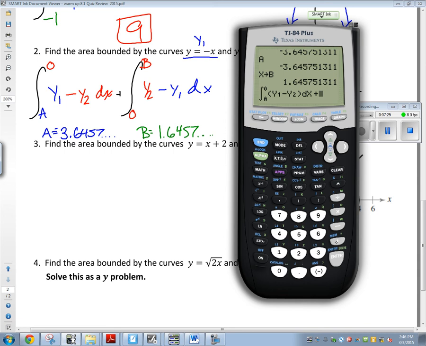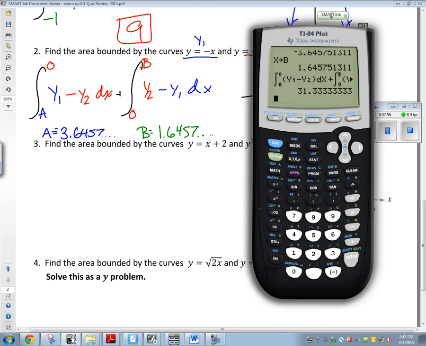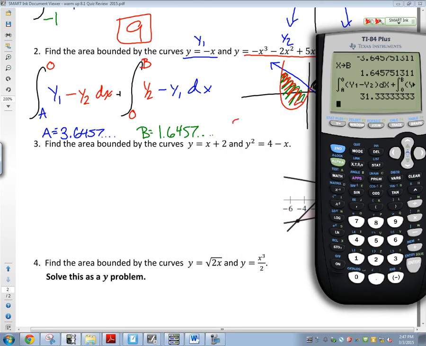Then I'm taking that integral plus math 9, 0 to B, y2 minus y1, alpha f4, y2 minus alpha f4, y1, dx. Enter. Graph it. Or not graph it. What was I doing? Enter. That's what I was looking for. 31.3 repeating there. So my answer is 31.333.